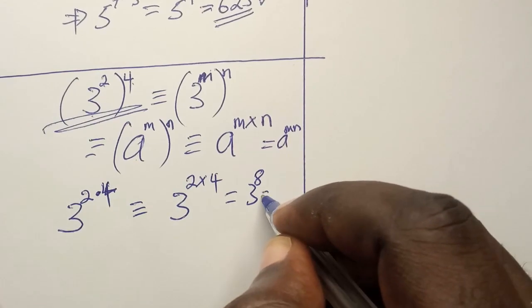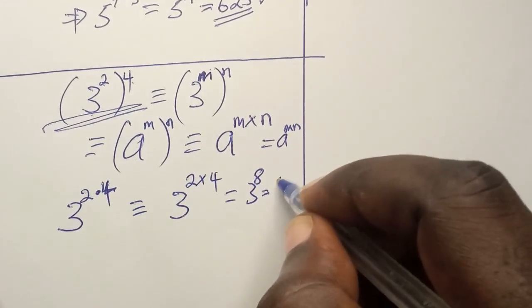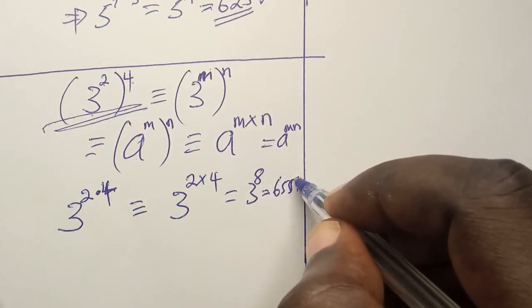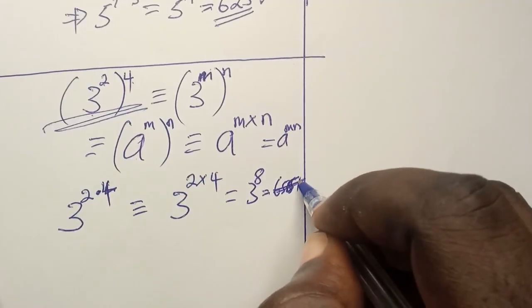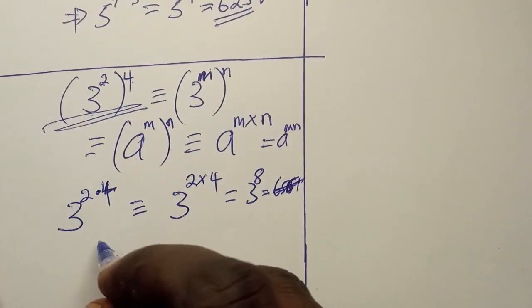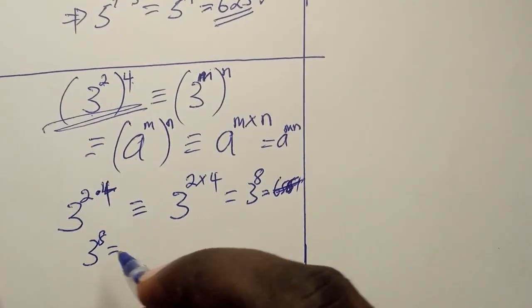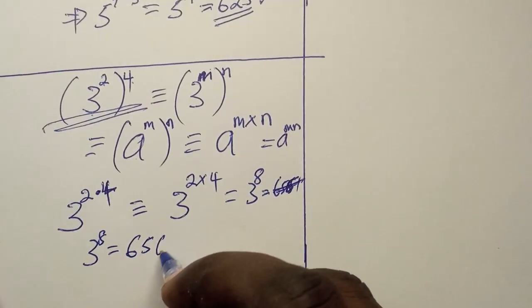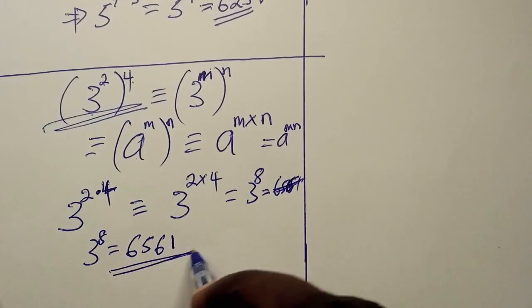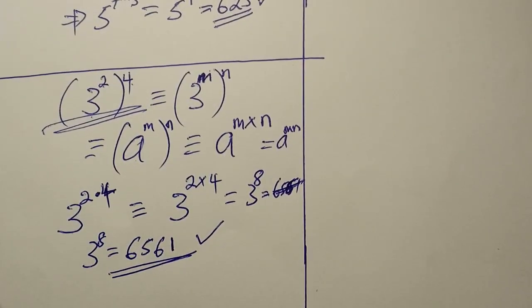In this case, it is equal to 6561 rather. If you try to multiply, 3 raised to the power 8 is 6,561. This is the correct answer here.